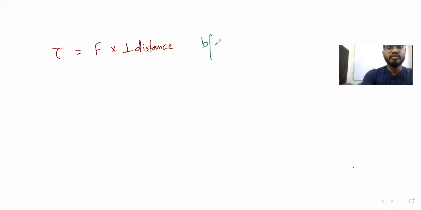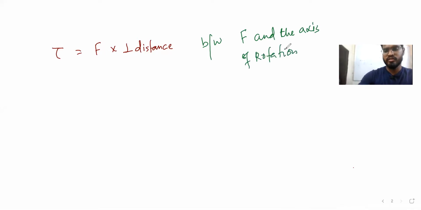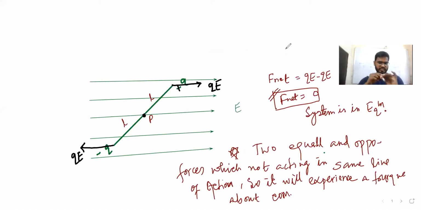between F, that electric force qE, and the axis of rotation. Now see, the axis of rotation is this, right? It is going inward or outward. So this is the axis of rotation and this is the force.